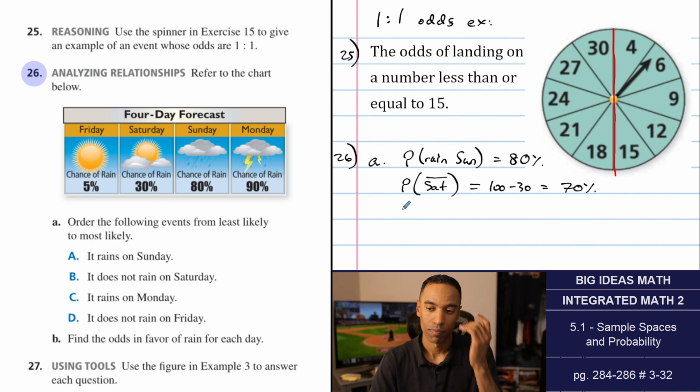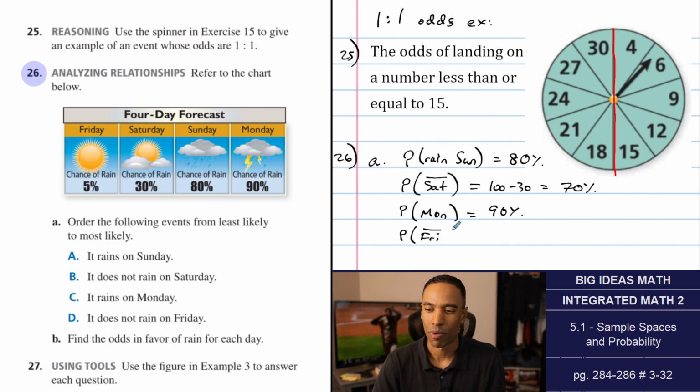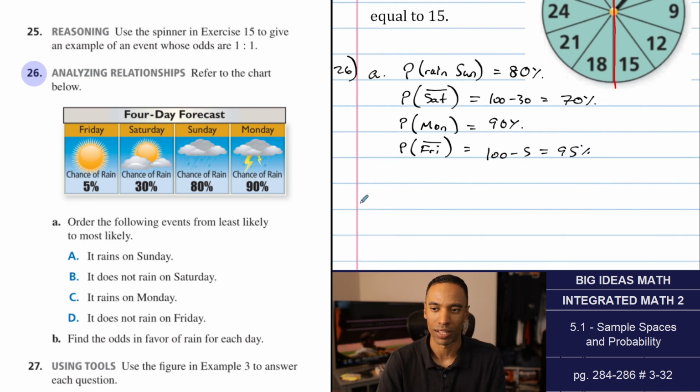That's less likely than Sunday's rain. Probability of Monday's rain is 90%. And probability of not rain on Friday is 100 minus 5, which is 95%. So 95% chance it does not rain on Friday, which is more likely than any other outcome.